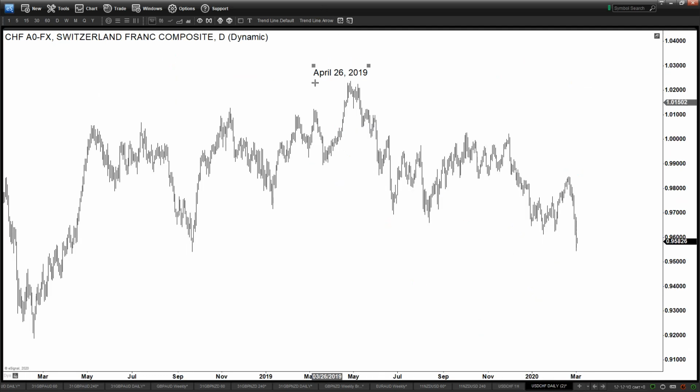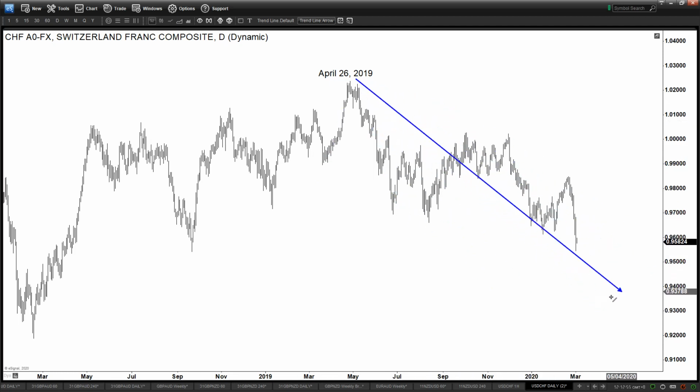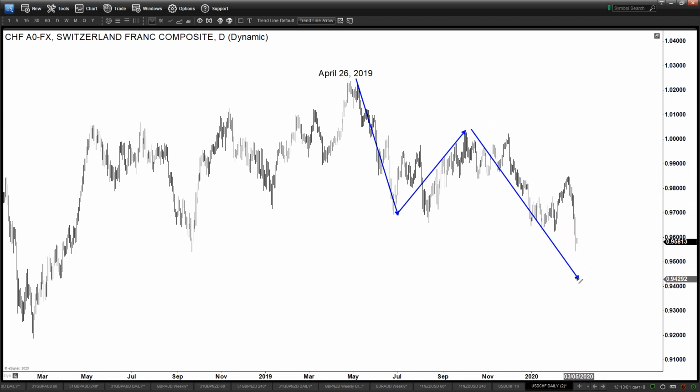You have what looks to be for now, and this structure can have a couple of different ways to interpret, but for now let's just assume this is a simple 3 swing.